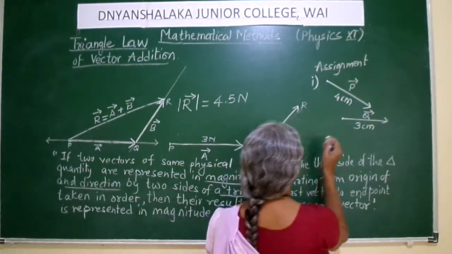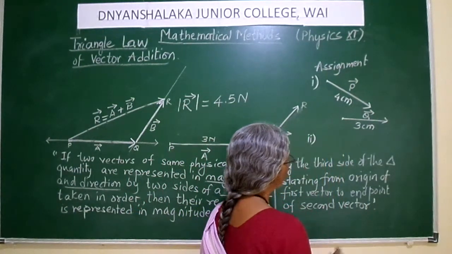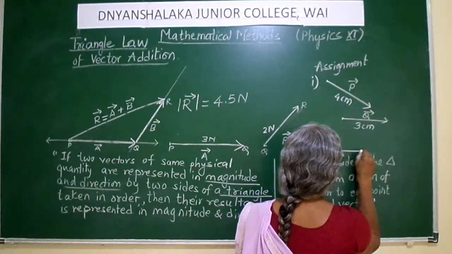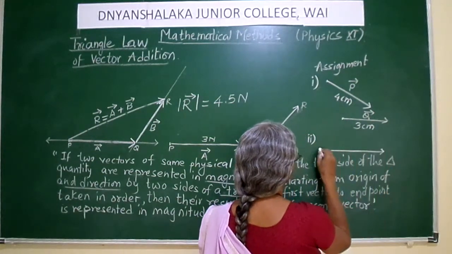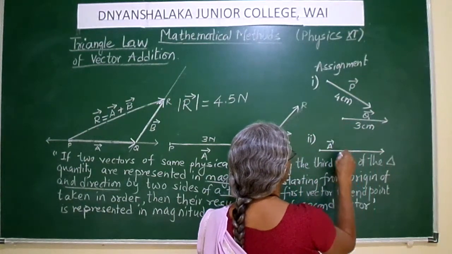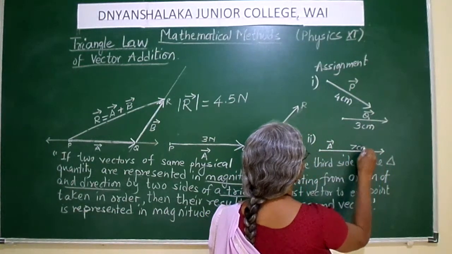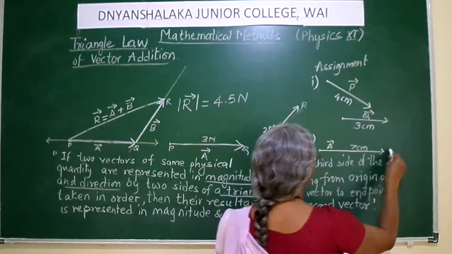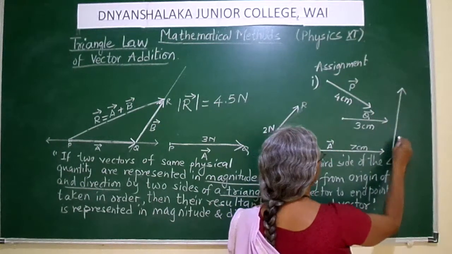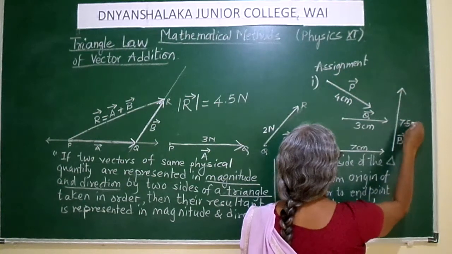Okay? Then this is vector A. Magnitude of this vector is 7 centimeters. And here I am having vector B. Magnitude is 7.5 centimeters.